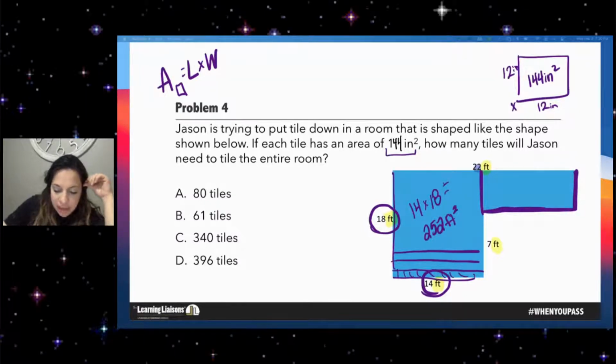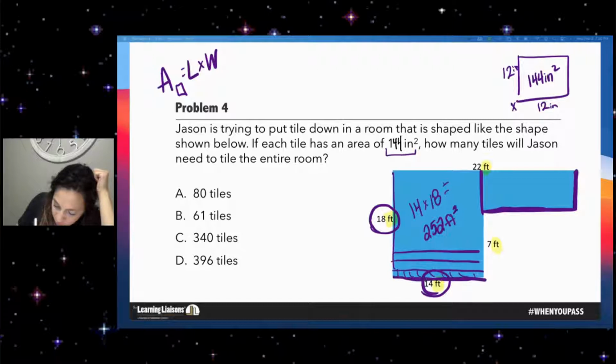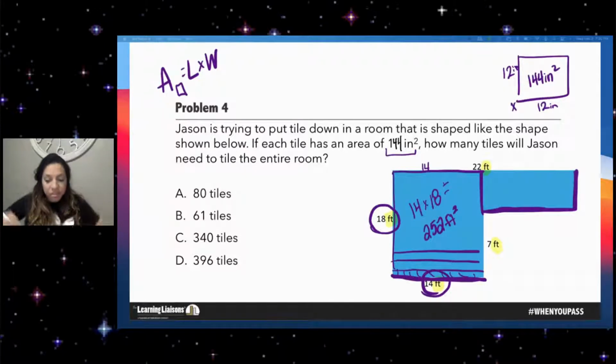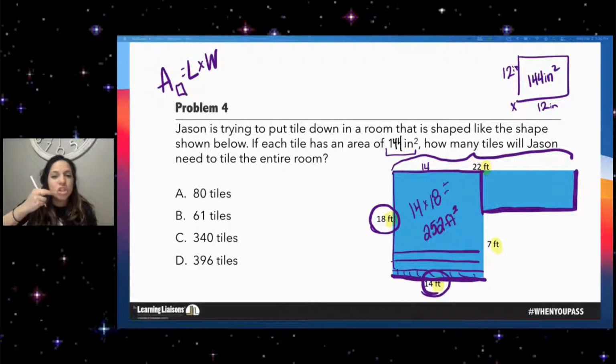How could I use that 22 to help me? Well, if I know that this down here is 14, then I know that this up here is 14 as well. And so if that whole thing is 22, then 22 minus 14 can give me the missing piece.